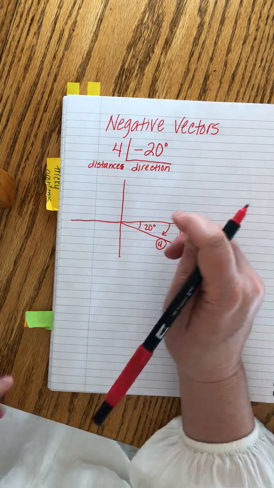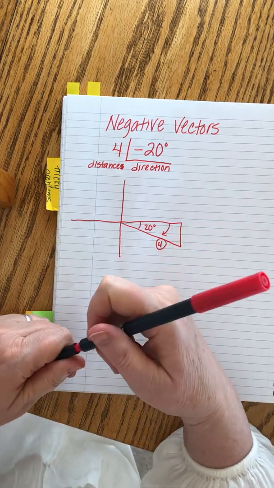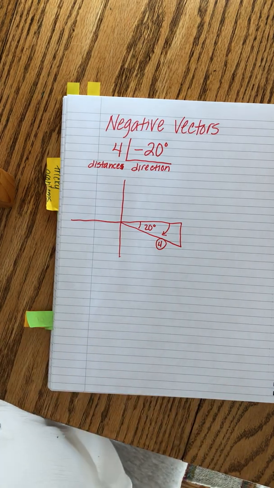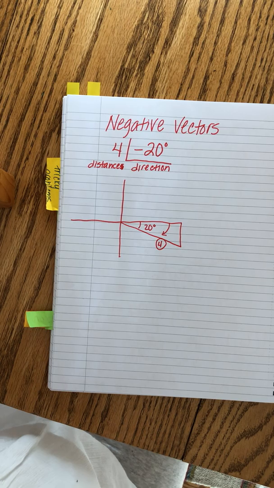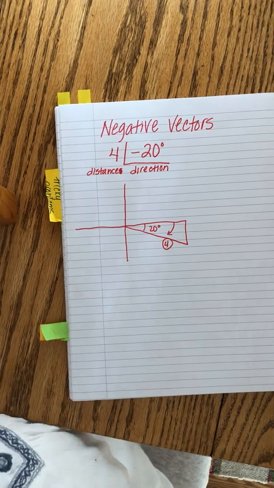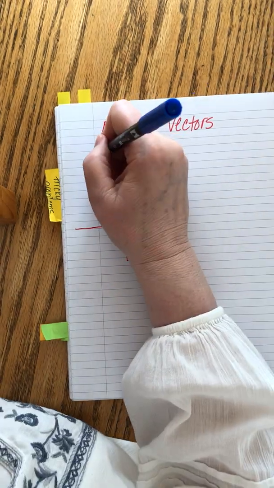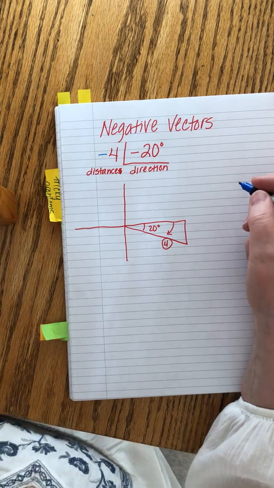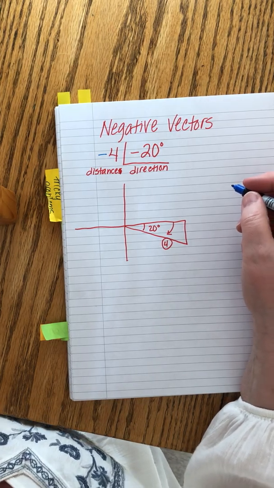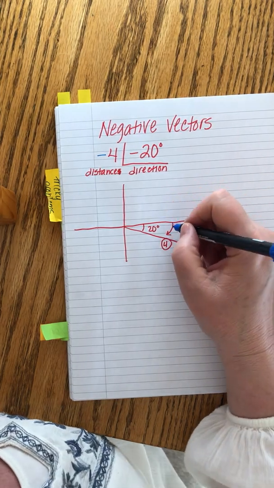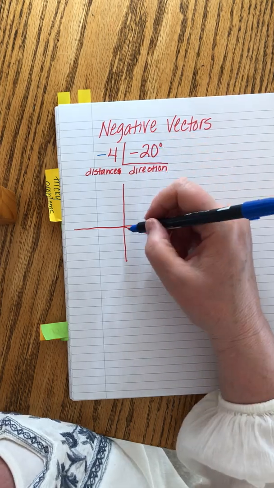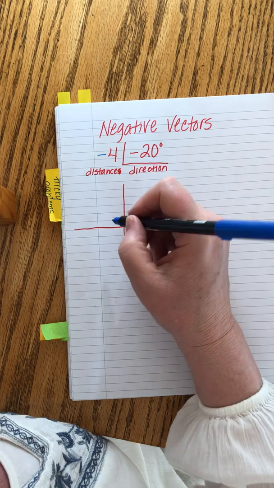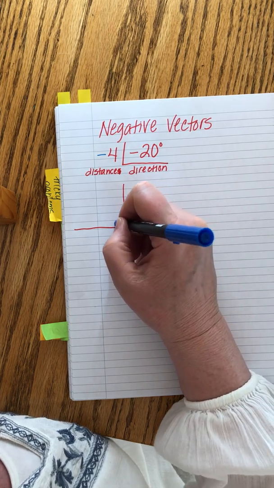Now, we're going to curveball it one more time, because what if we want to make it a negative distance as well? What happens is we measure down the 20 degrees, just like before, but instead of drawing the line this way, we make it go this way.